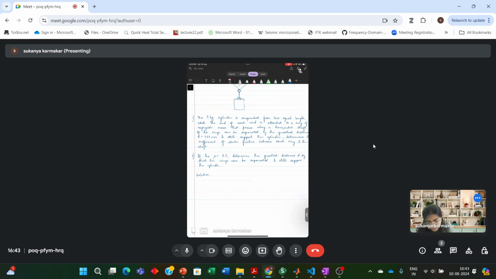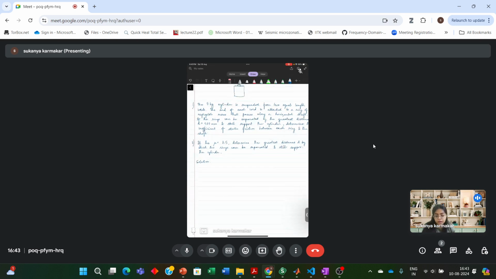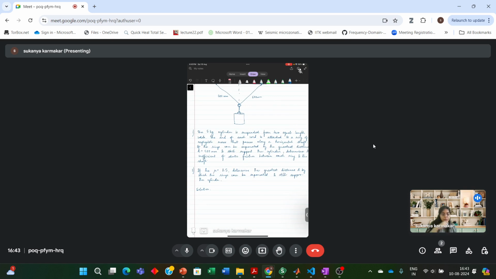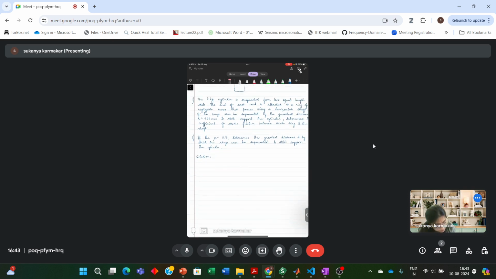So first, we'll write down the equation for equilibrium of the cylinder and find out how much is the tension force in the cord. First, we'll write down the equilibrium equation of the cylinder.